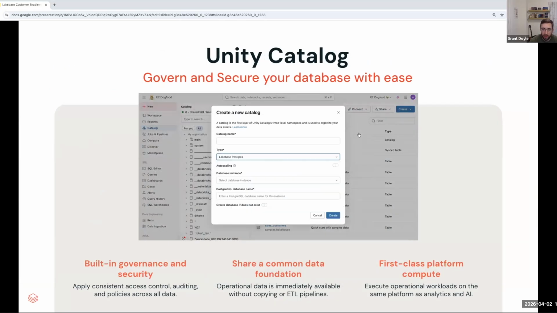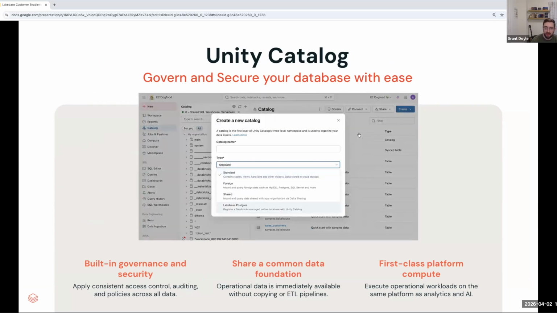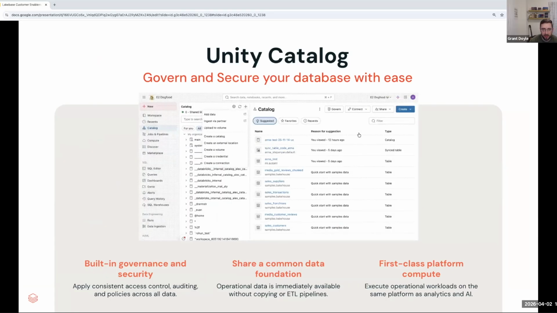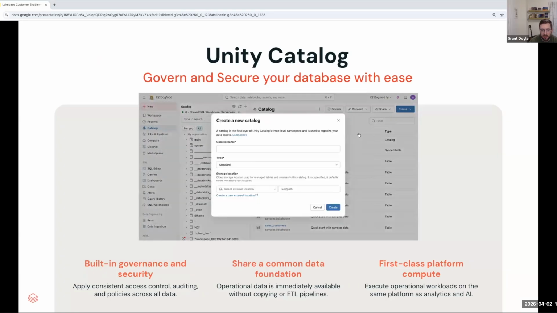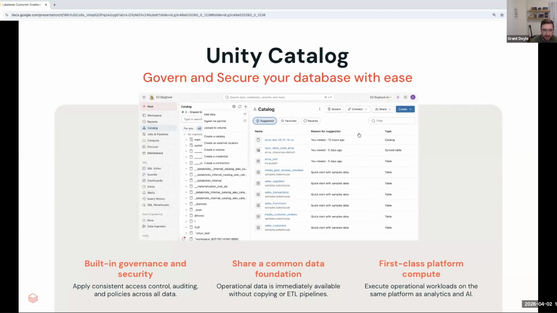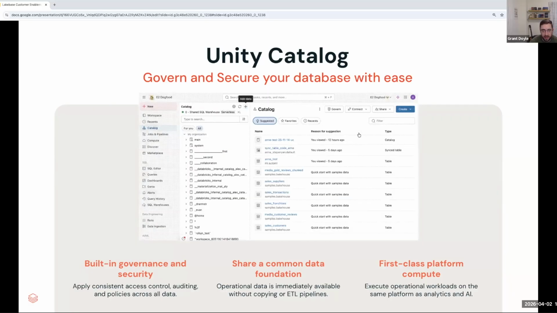All of your bronze, silver, gold tables are governed within Unity Catalog, but you can also federate your Lakebase instance into Unity Catalog to ease some of the complex queries you may have across the operational and analytical data stores. You also have the flexibility of Postgres and Databricks roles within your Lakebase instance.